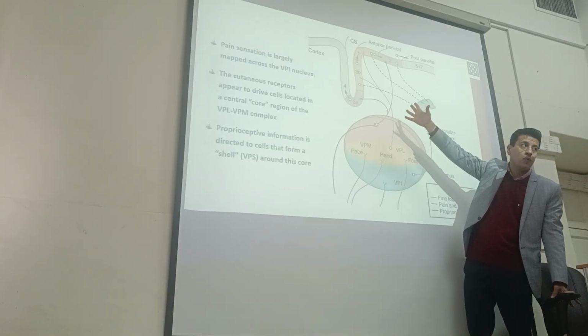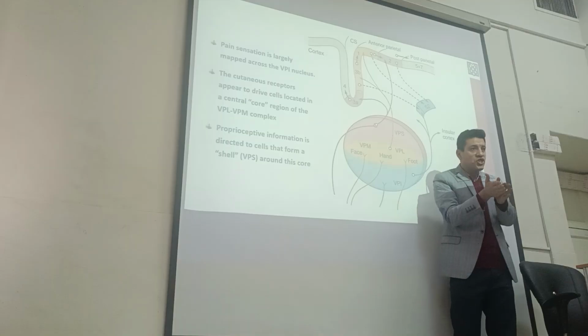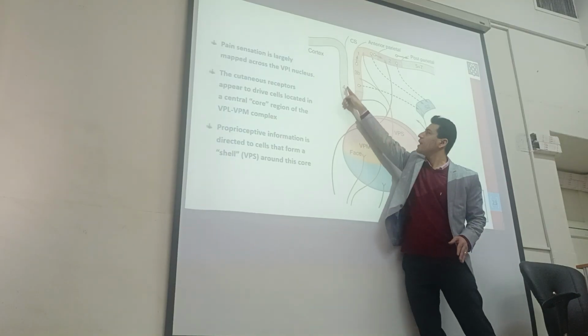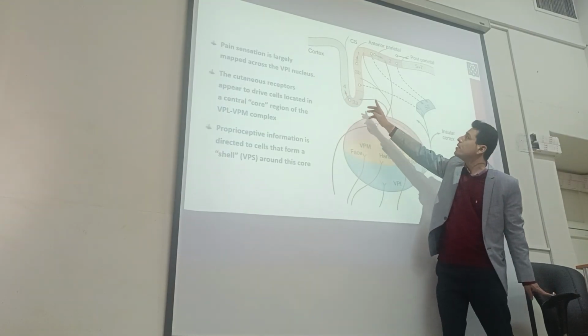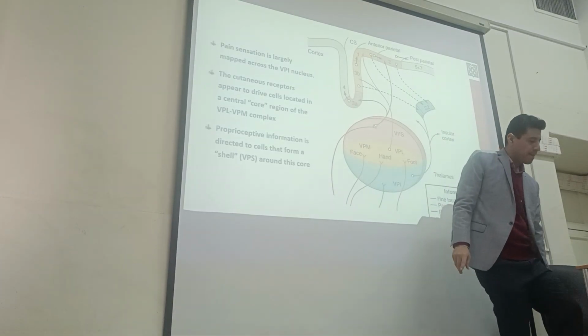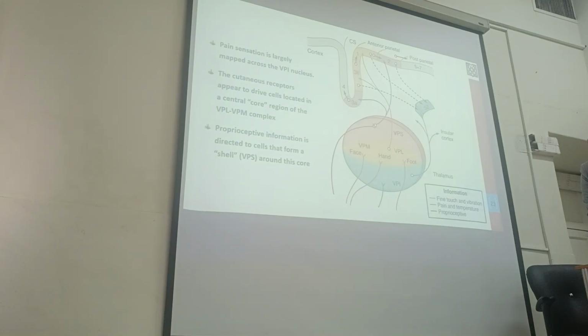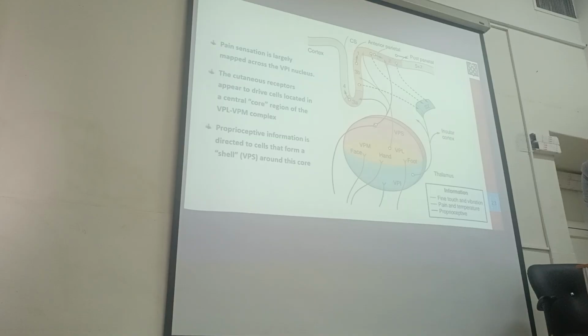So, here we have the cortex, right? Central sulcus, so it's a fissure. So, we have this fissure, right? It starts from Brodmann area 3A, 3B, so both of them are part of the somatosensory area 1, Brodmann area 1, Brodmann area 2.